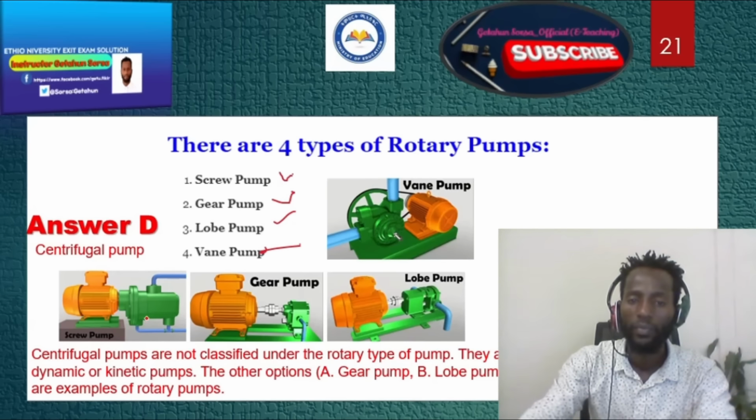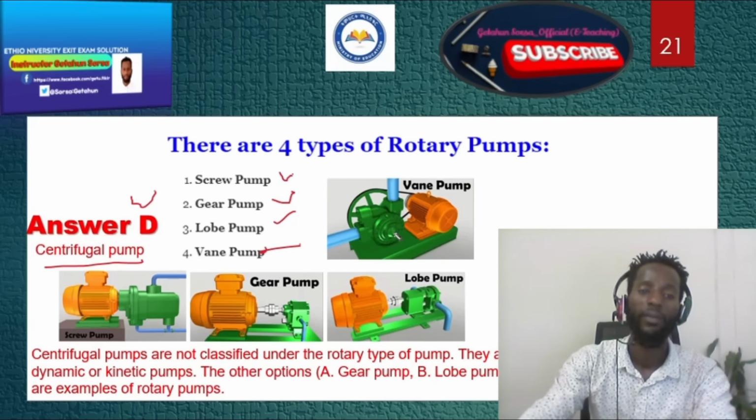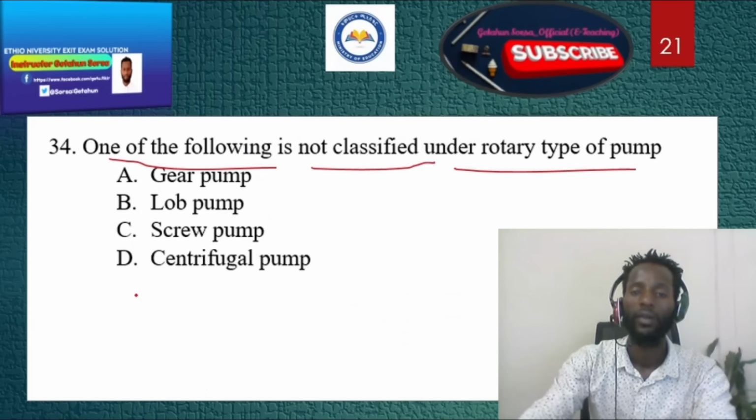Here we have screw type, gear type, and lobe type pumps. So the centrifugal pump is not classified under rotary pumps. So the correct answer is D.